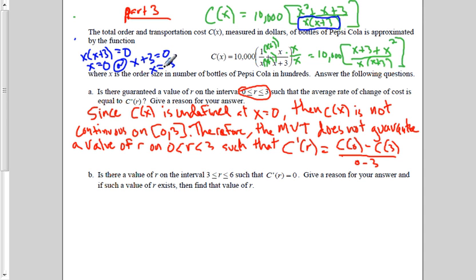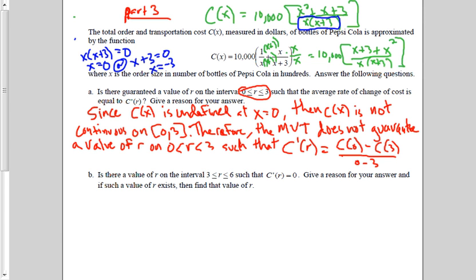I get 0 and negative 3, but over this interval, I'm not worried about the negative 3. It's still undefined there, but it's not on our interval. But it's undefined at 0. So since it's undefined there, it's not continuous. Therefore, the mean value theorem does not guarantee a value of r on the interval such that the derivative equals the slope formula. The slope of the tangent line doesn't equal the slope of the secant line.